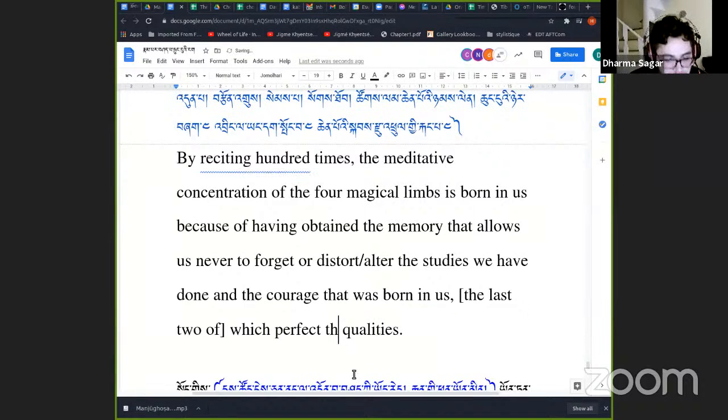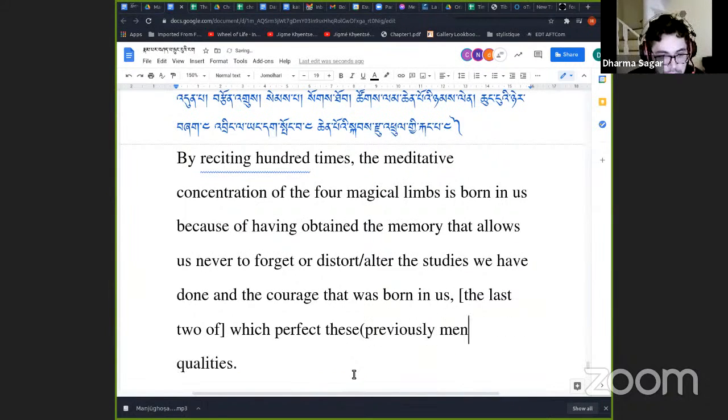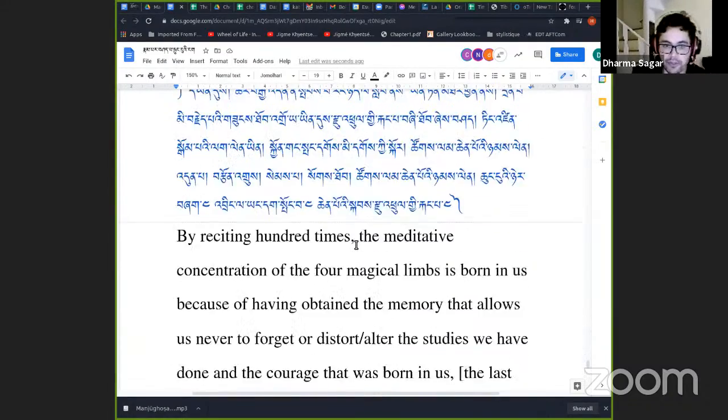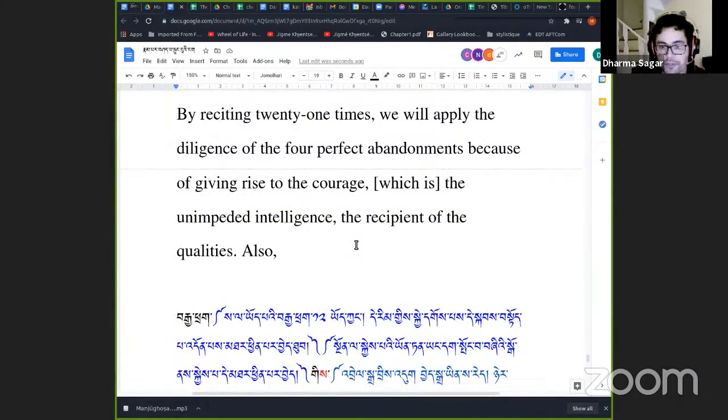Those qualities or these qualities, maybe, so this is just an addition of mine. It should not end up in the translation, but it's just to make sure that you understand that the qualities here are the same as we were referring to in the previous amount of recitations.